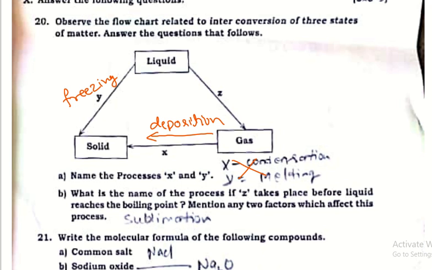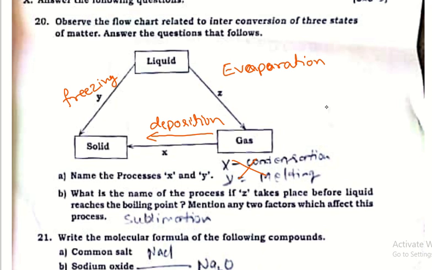If the liquid is converted into gas before the boiling point, here Z is called evaporation. Evaporation is the process in which liquid is converted into gas without reaching the boiling point.